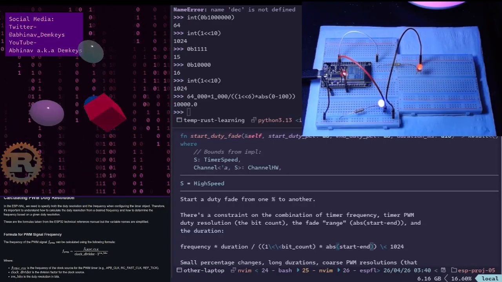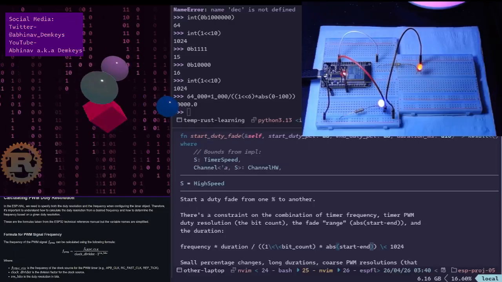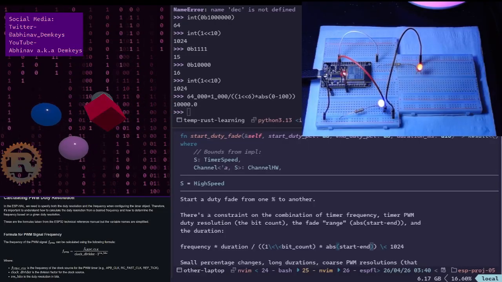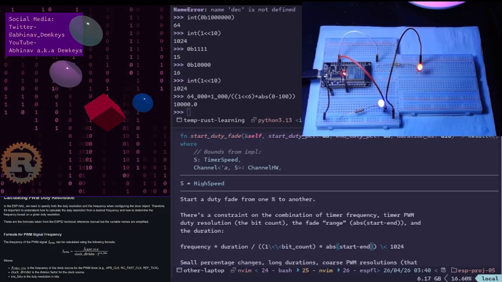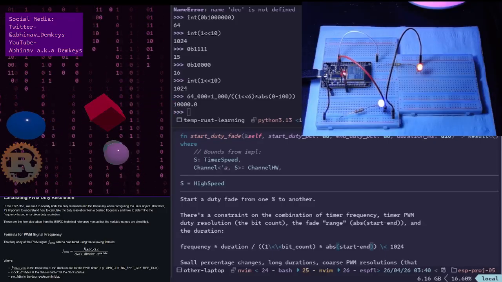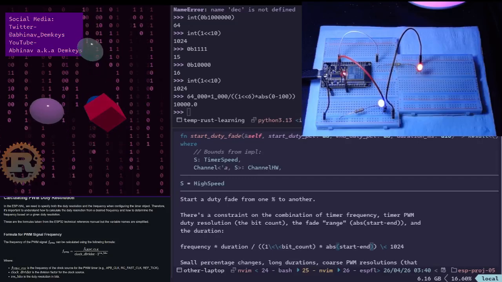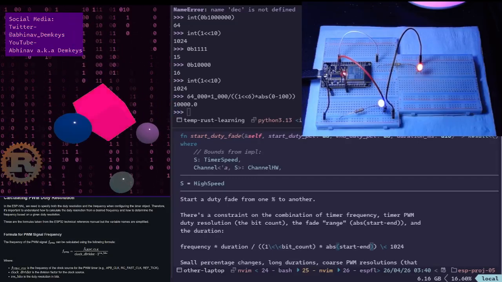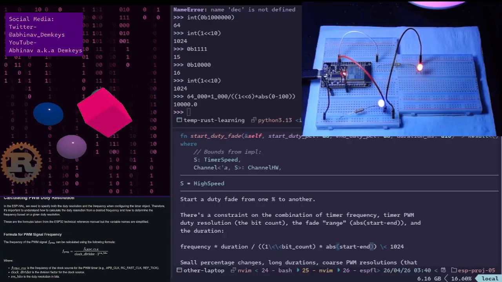Okay, that's confusing. Did I miss something? I feel like I missed something. 64,000 is our frequency. Our duration is 1,000.